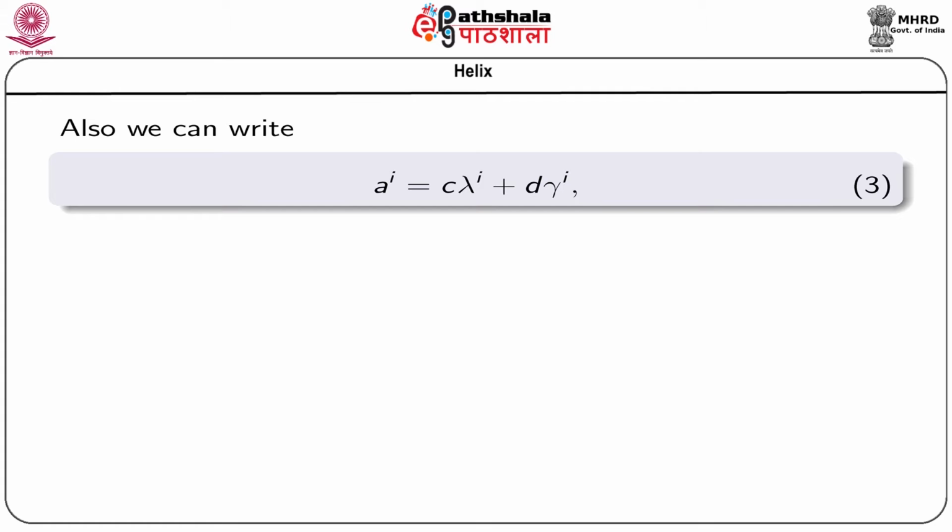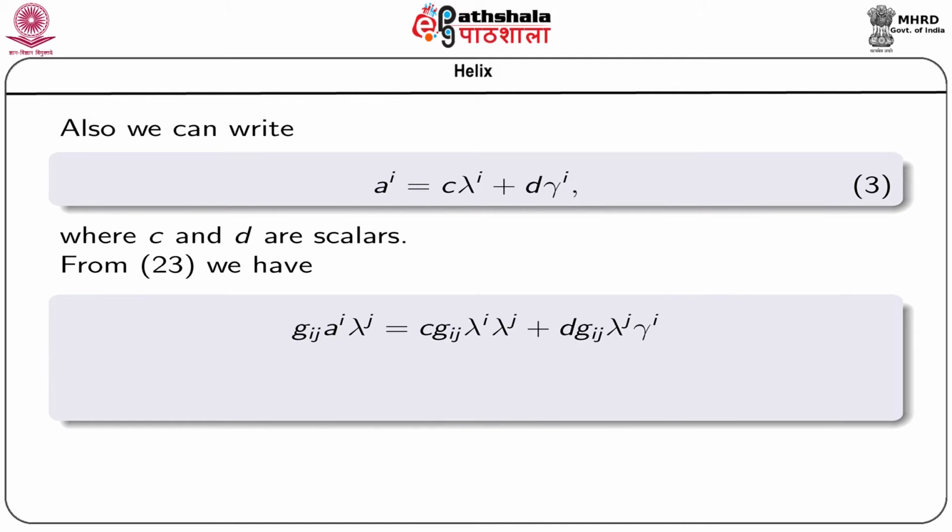Also, we can write A^i as a linear combination of lambda^i and gamma^i. That means, A^i equals C lambda^i plus D gamma^i, where C and D are scalars and we have to determine these values. From 23, by multiplying both sides by G_ij lambda^j, we get G_ij A^i lambda^j equals C G_ij lambda^i lambda^j plus D G_ij lambda^j gamma^i.